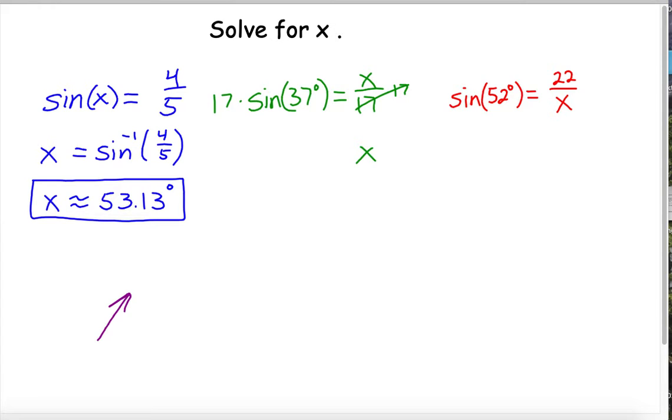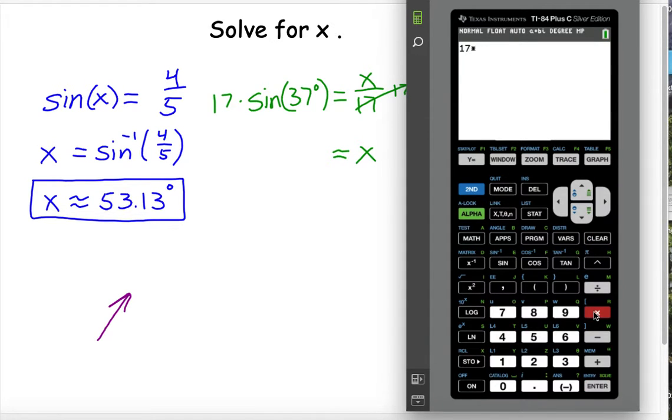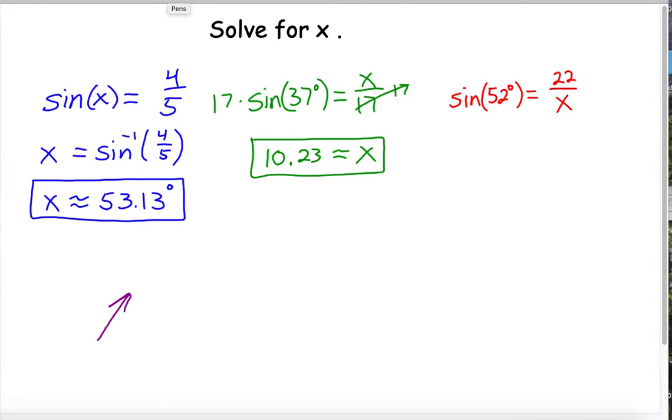And I should write approximate because we're going to have to round it to some extent here. So I'm going to grab the calculator and do 17 times the sine of 37 degrees. And I get, we'll go hundredths, 10.23.